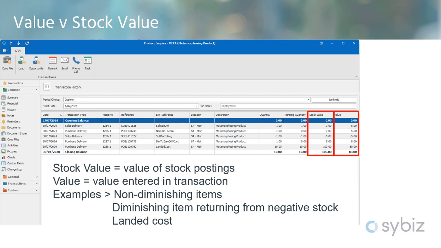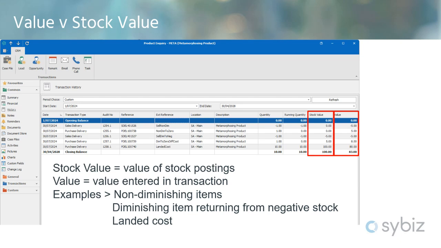Each of these 5 lines, even though it's the same product, we've tweaked and changed the settings of during this process. The first example is where we're selling this item, which started life as a non-diminishing product. As I mentioned, non-diminishing products have no concept of cost, apart from that pseudo cost for reporting purposes.